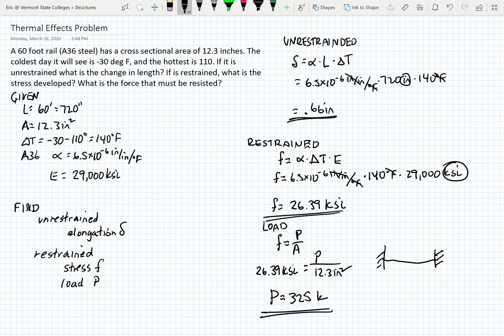And the story is that either A, it's going to buckle, which is no good, or B, we're just going to make it unrestrained, put in some rollers or some sort of capacity to take up the 0.66 inches. But trying to restrain that type of number is quite difficult. So here you have a thermal effects problem.